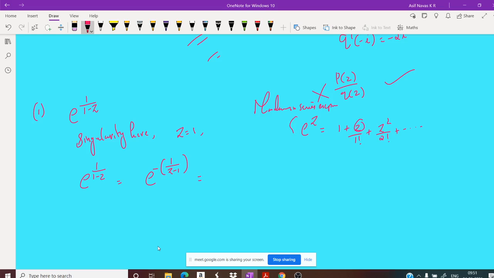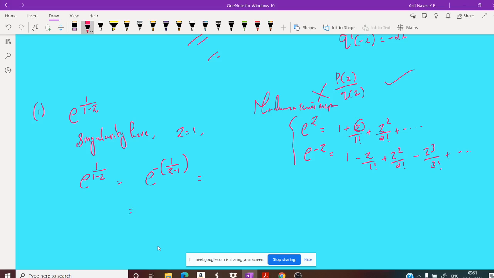Now, what is e raised to minus z? We replace z by minus z. So this is 1 minus z by 1 factorial plus z square by 2 factorial minus z cube by 3 factorial plus etc. Now here we will replace z by 1 by z minus 1.